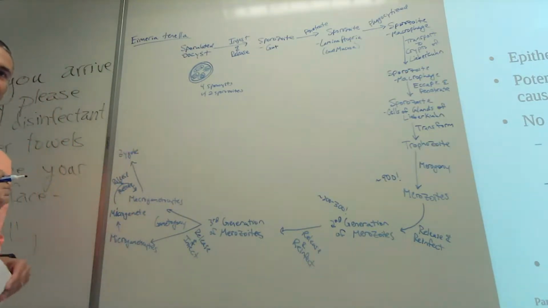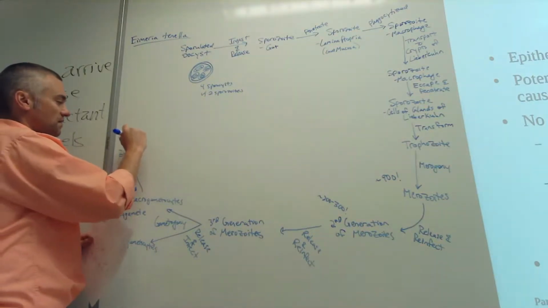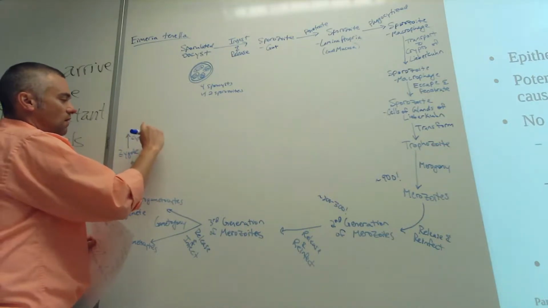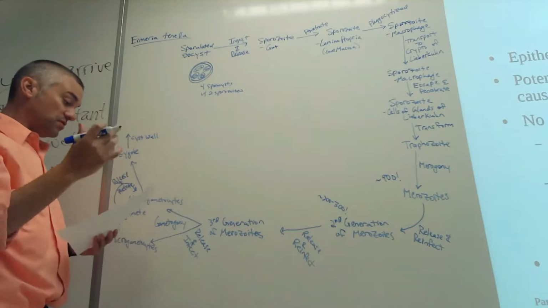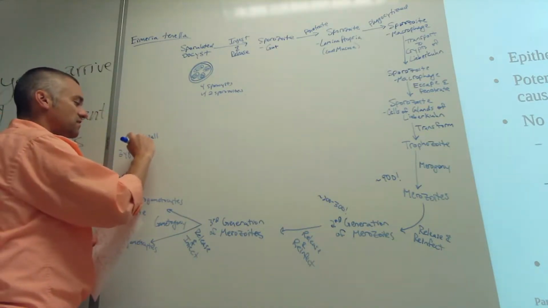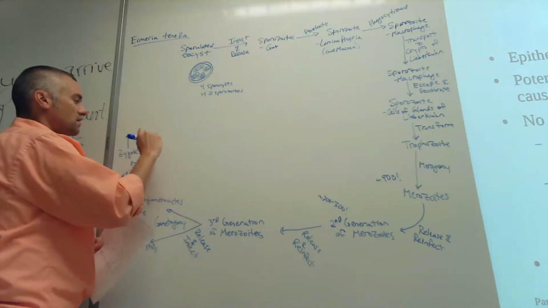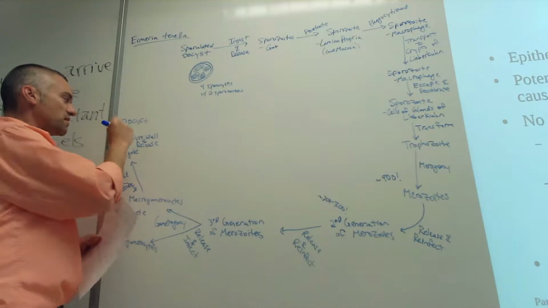Inside the cell, you will then get cyst wall formation around this zygote, all right, producing our oocyst, and release from that cell. So now we have our oocyst inside the lumen of the gut.